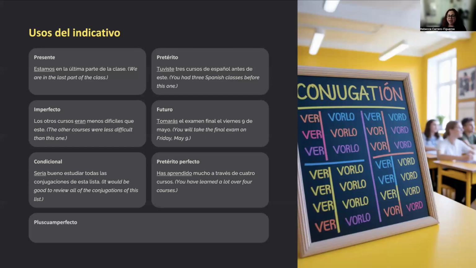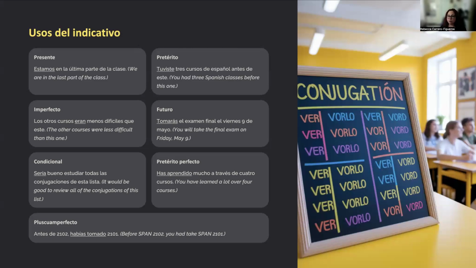And lastly, inside the indicative mood, we have the past perfect or pluscuamperfecto. Okay? Antes de 2102, habías tomado 2101. There you have the verb tomar in the pluscuamperfecto with the imperfect of haber.